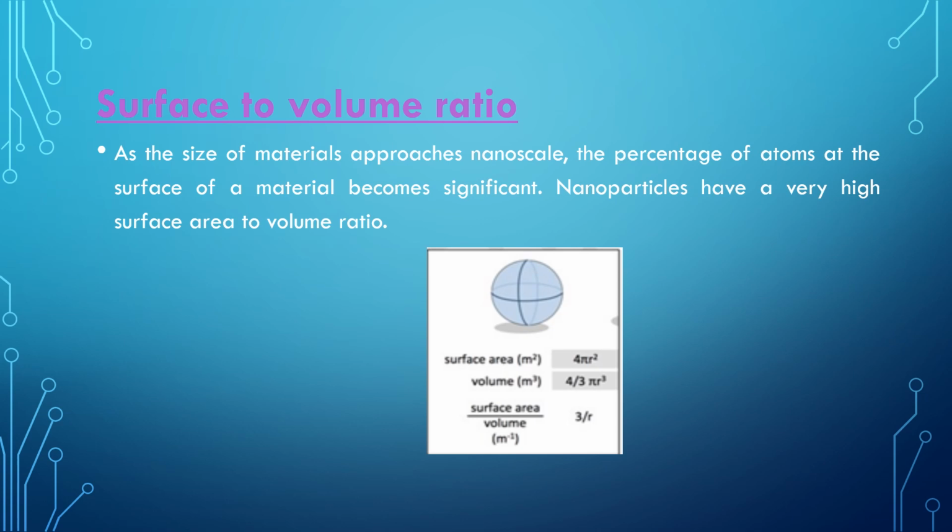The surface area we can write as 4 pi r square, while the volume is 4 by 3 pi r cube. If you take the ratio of surface area to volume, we get 3 by r, which is a significant value in nanometer compared to bulk material.